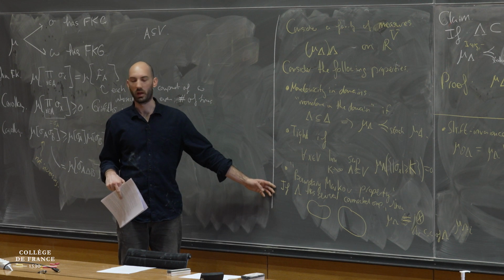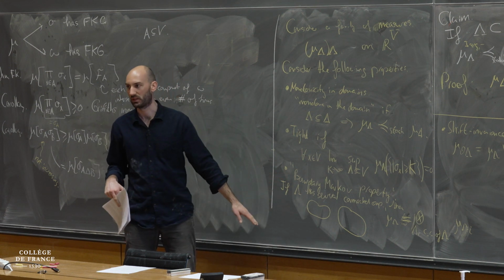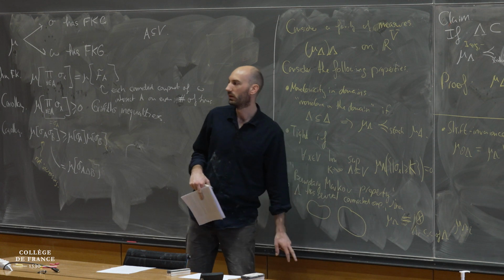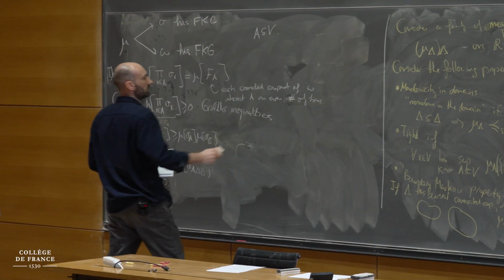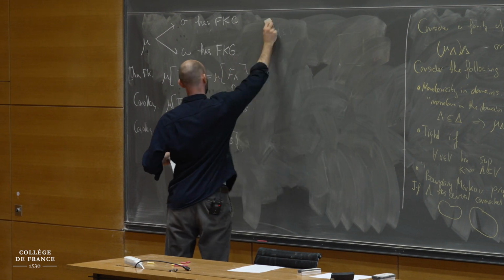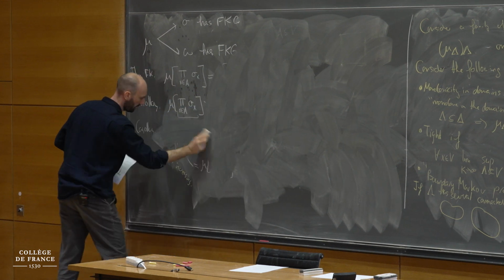Here we're really saying we impose boundary conditions in a specific way, outside of lambda, so it's really a weaker form of the Markov property. I don't know if this is really important, but just a side note.